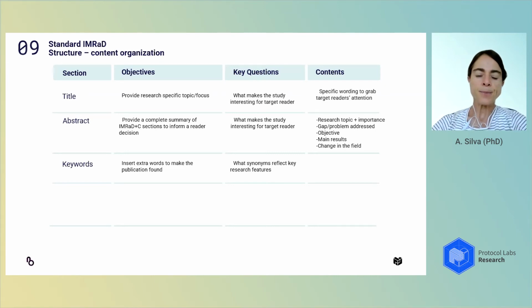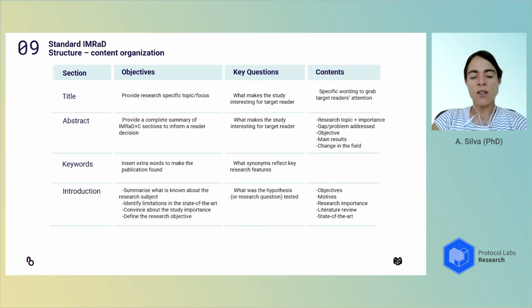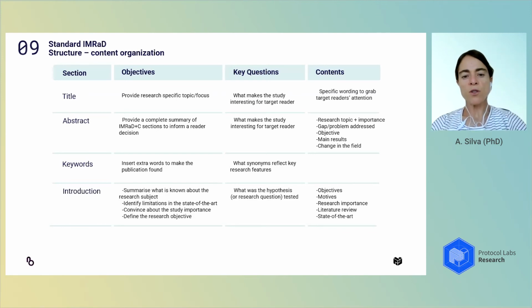The introduction is where you should be aiming to summarize what is known, identify limitations in the state of the art, persuade why we need this research at the moment, not later, not in the past, and within that ambition of trying to tackle a problem or to advance the field, what is specifically the research objective you set yourself to do.